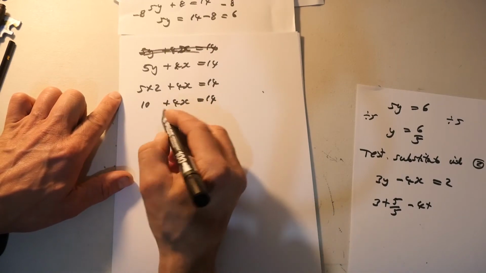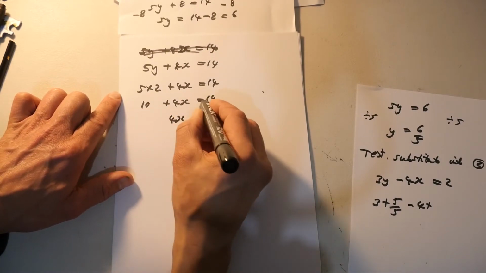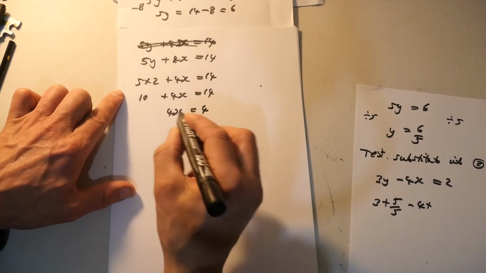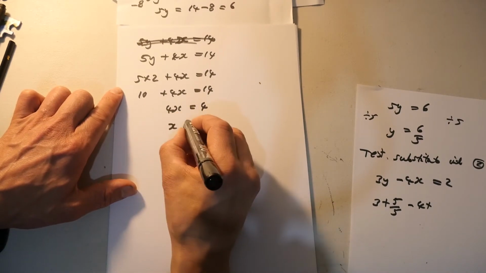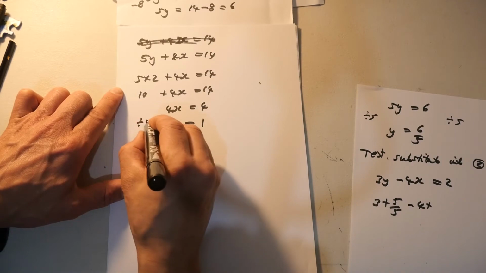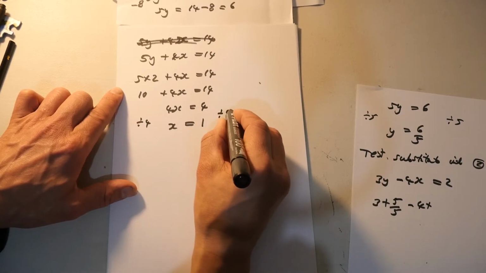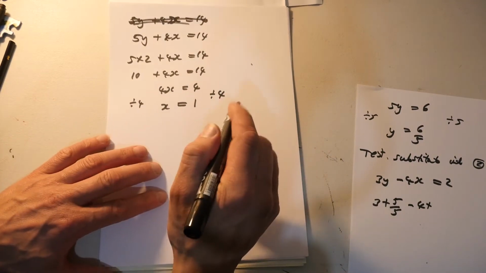Take 10 from each side, you get 4x equals 14 minus 10, which is 4. Okay? Divide both sides by 4, you get x equals 1. Okay? That's a bit better.